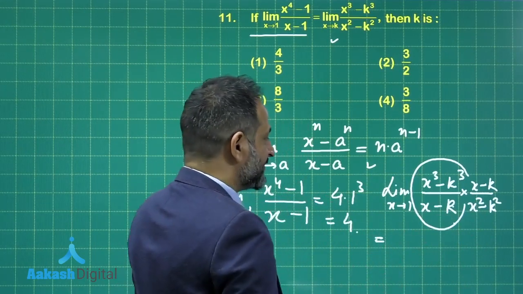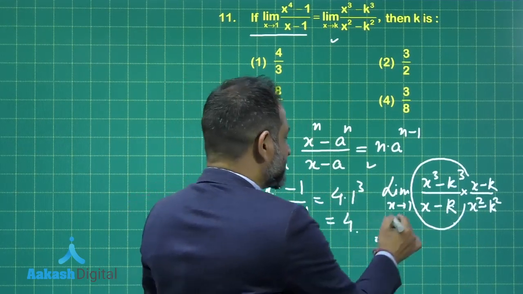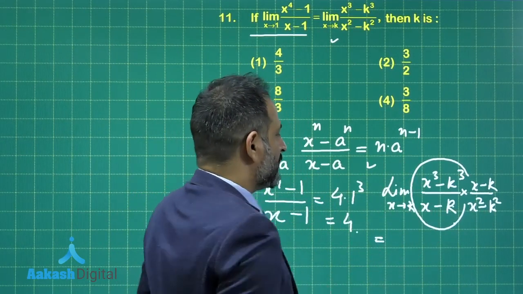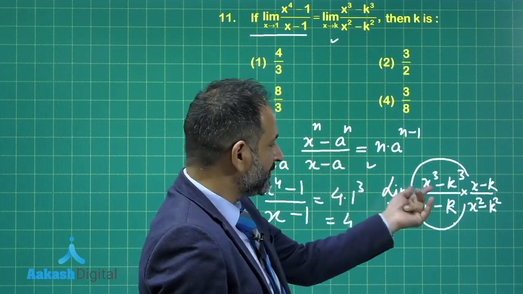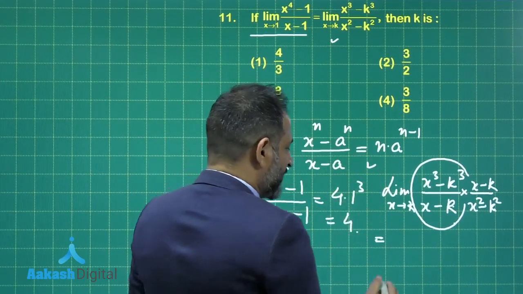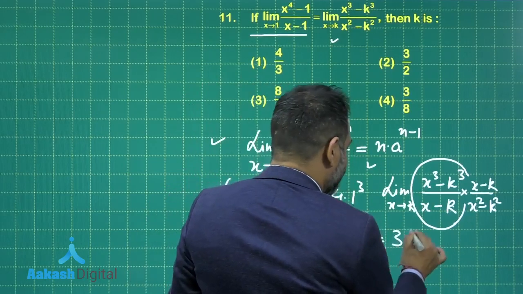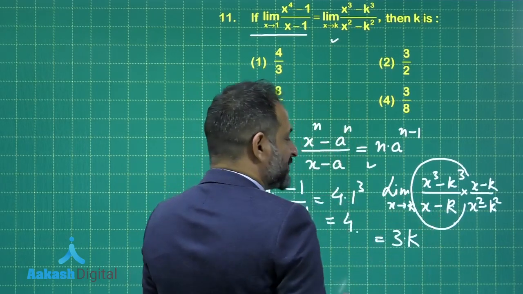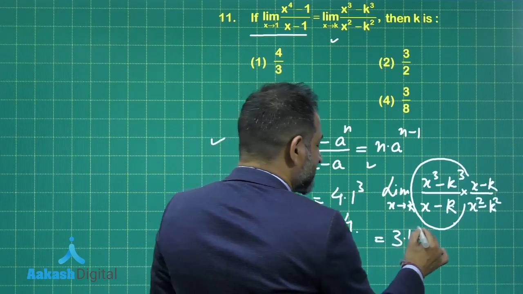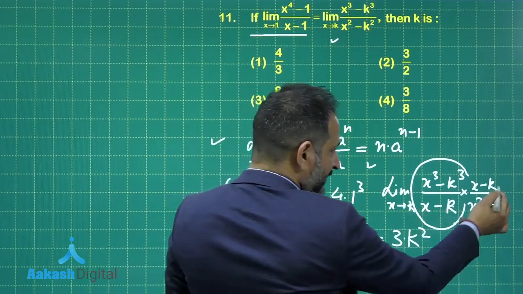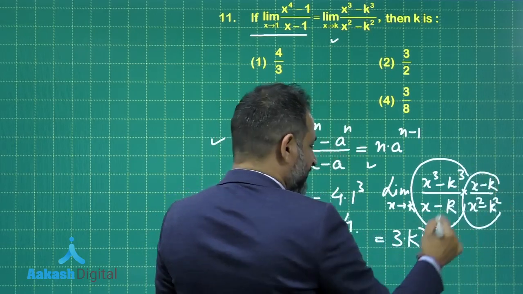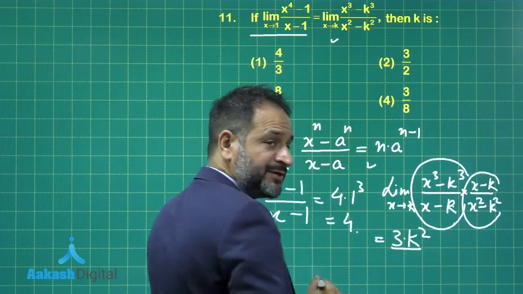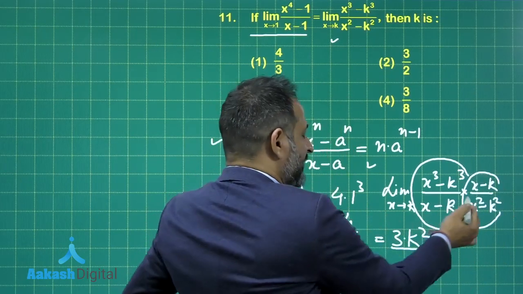You can see here that x is tending to k here. Now this is again of the same form, here n is equal to 3. So, this is 3 k raised to the power 3 minus 1, that is 2, and in the denominator itself, here n is 2.